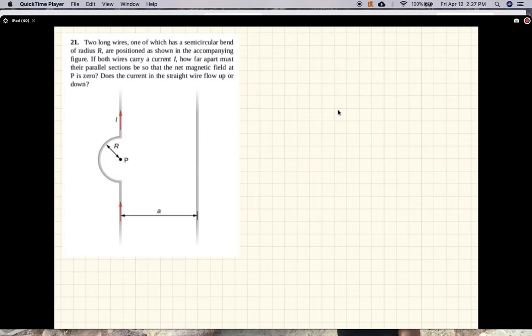Okay, so the two equations we'll use, again, we're using Biot-Savart's law. The magnetic field produced by an element of wire ds carrying a current I is given by this.